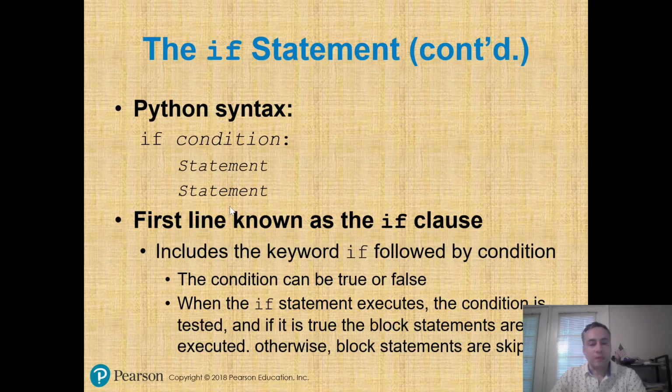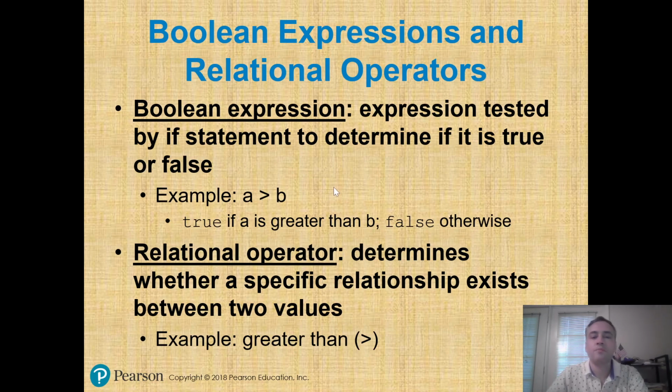Condition is something that evaluates to true or false, and it has to be tested. If condition, then an indented block of statements. So indentation matters. If the condition is false, then it goes to the next unindented statement that you cannot see in this example. So these two statements will only be executed if the condition is true.